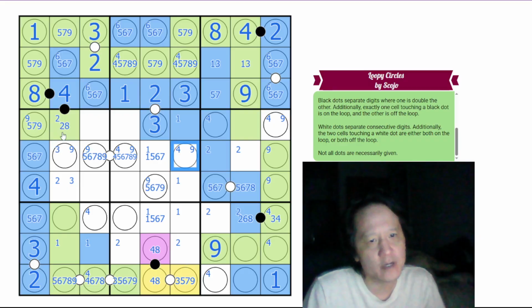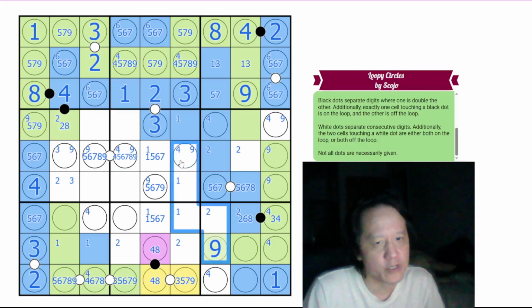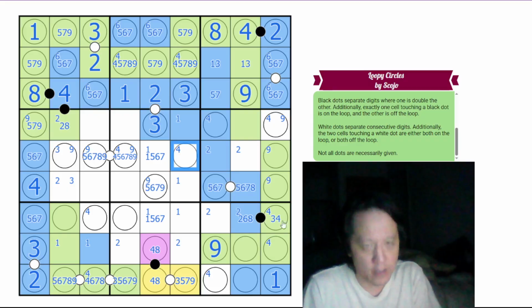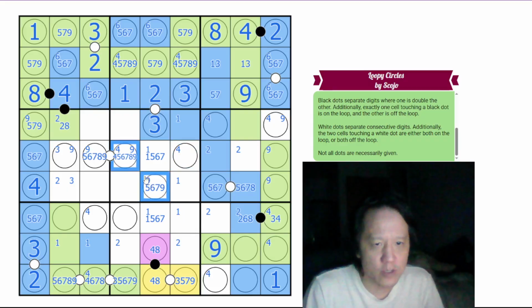It would have to be on the loop then. So it cannot go this way to go on the loop. So it would have to be from this angle. And then the problem is it would be touching itself there, and then it would be touching itself there. So this can never be the 9. Technically, either one of these two was a 9. Don't know which.